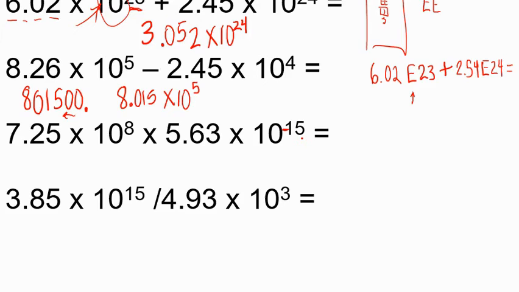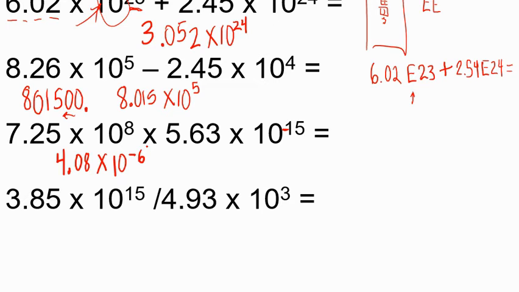Just give me a second to punch that in. 5.63 negative 15. Okay, so this is what you should come up with for your answer. 4.08. We're just going to go to the hundredths place today, times 10 to the negative 6.